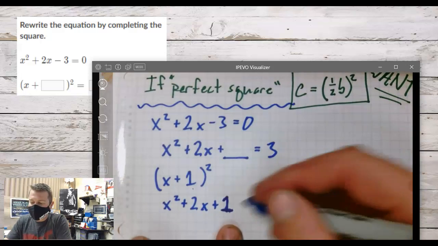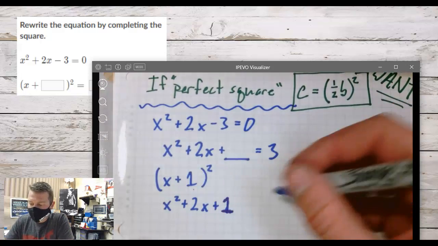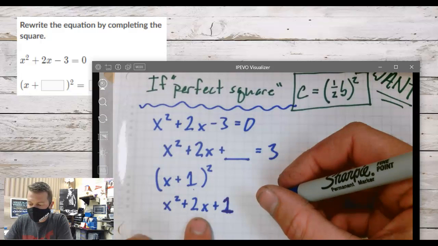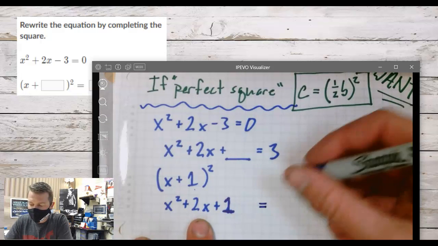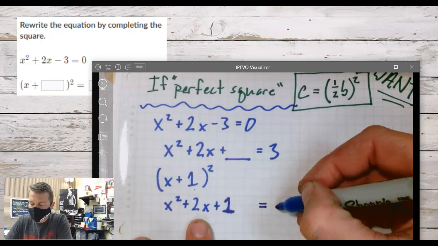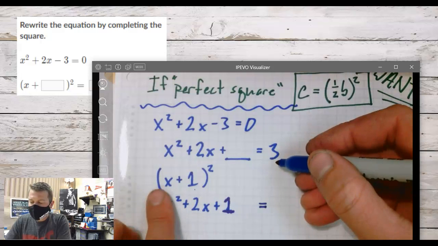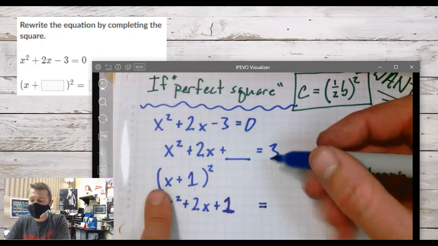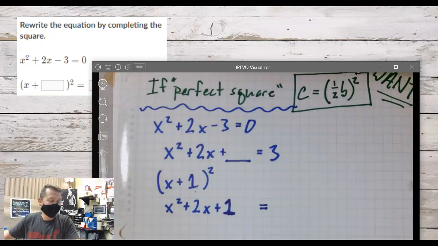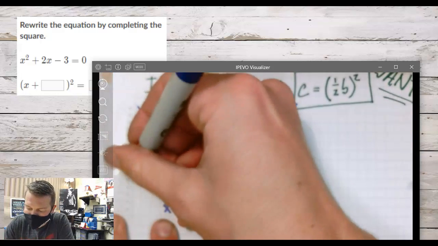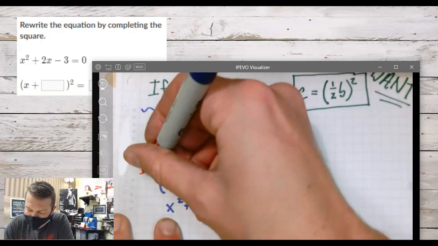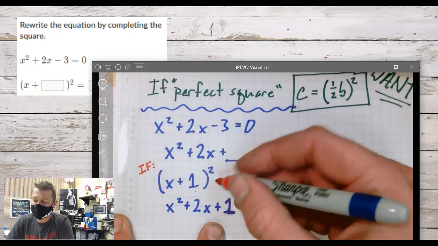So, now wait. This, hold on. We still said this, wait. This is not equal to 3, though, because this is not what we have. This is a giant if. If we have a perfect square.